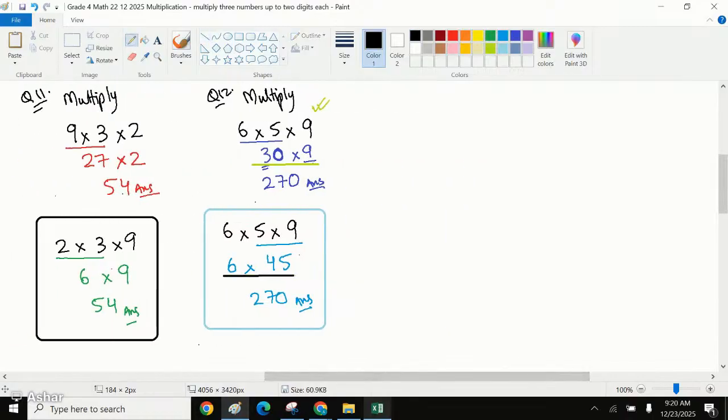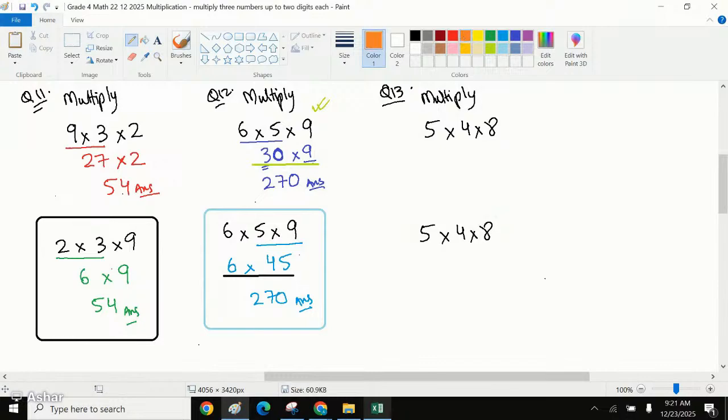The next question says, okay, let's see what the next question says. Multiply 5 multiplied by 4 multiplied by 8. We will do it both ways.